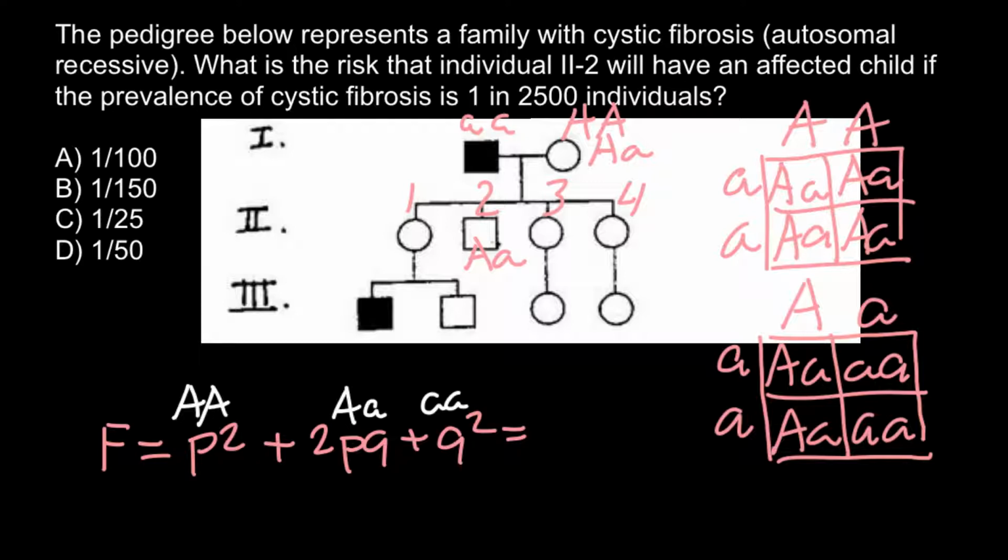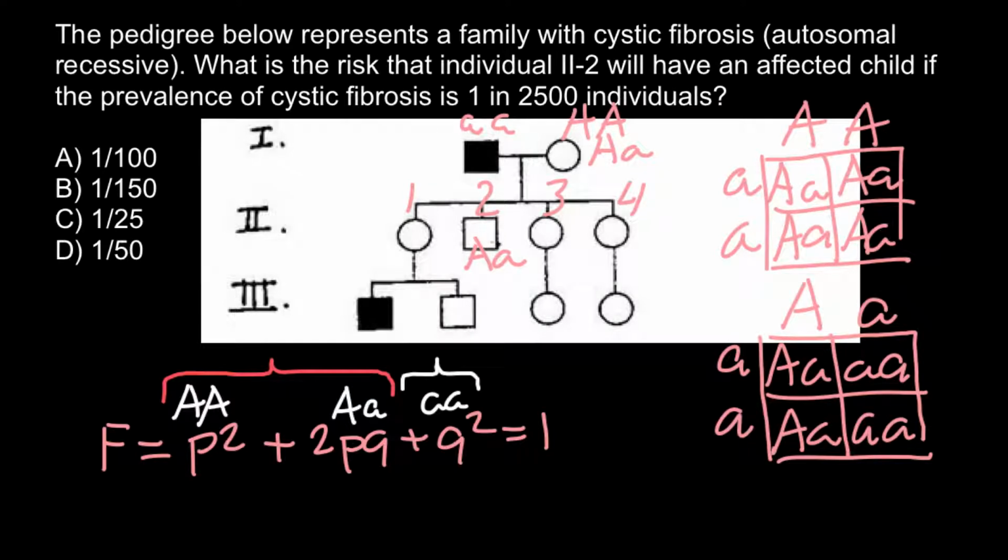All these 3 genotypes, when we add them, equal 1 or 100%. These 2 genotypes make one phenotype, and this genotype makes another phenotype.